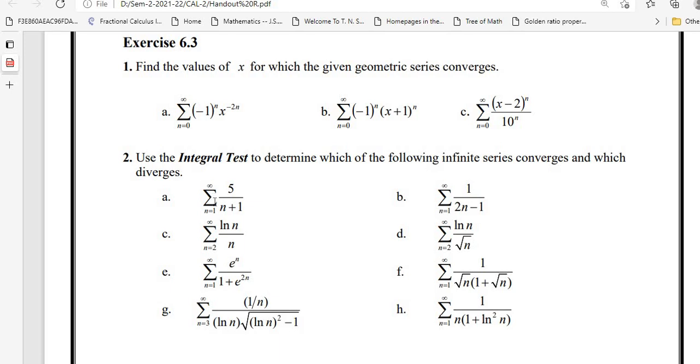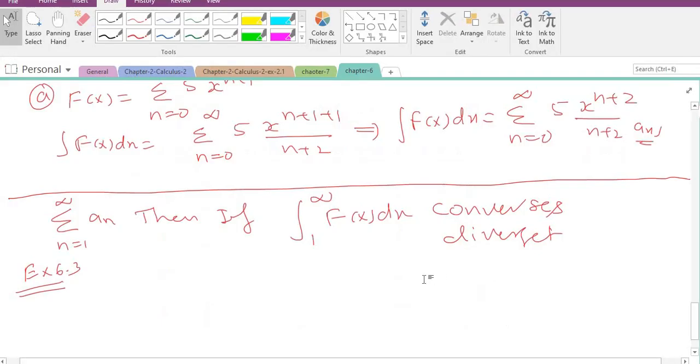So I am picking this question, part A, the summation from n equal to 1 to infinity of 5 divided by (n+1). How to check whether this series is convergent or divergent? Convergent means you get a definite value. Divergent means you cannot find any definite result.